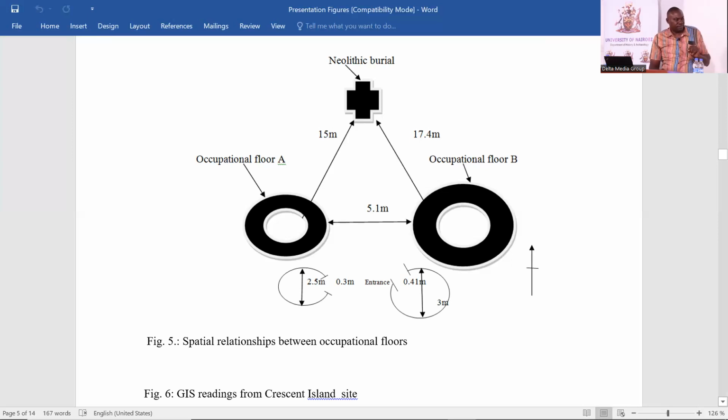this study is aligned with what two scholars did in Aboriginal Australia. We have scholars by the names Gargett and Hayden, who studied the Aboriginal communities of Australia, and their article is titled Site Structure, Kinship, and Sharing. This was the finding.